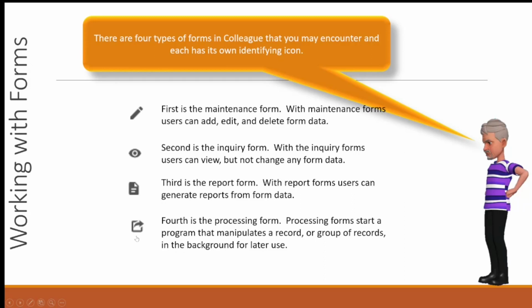And then the fourth type is the processing form. Processing forms start a program that manipulates a record or group of records in the background for later use. You don't see what's going on in the background, but something's happening that's going to be used later on.